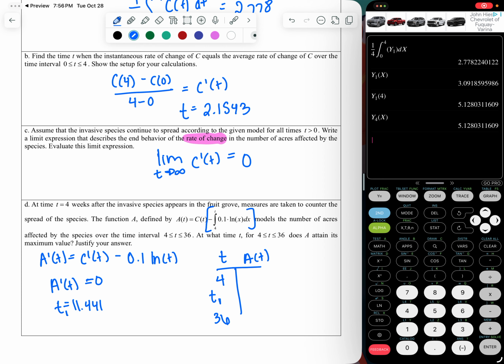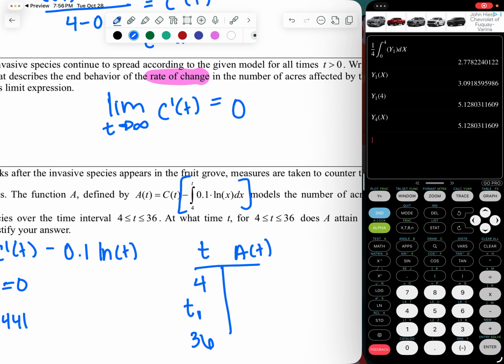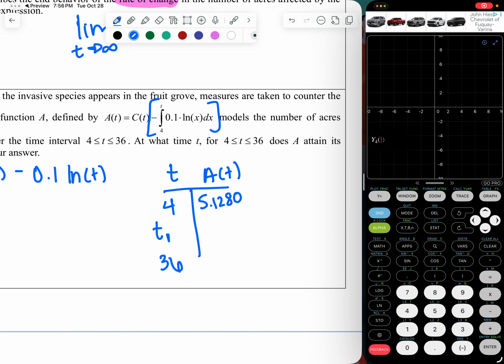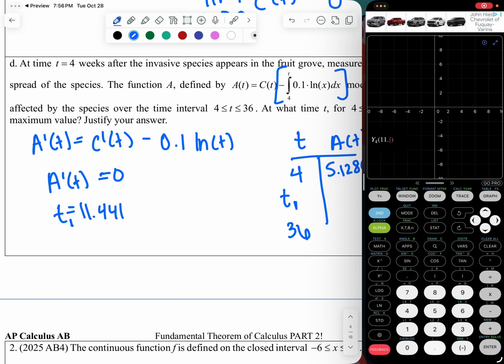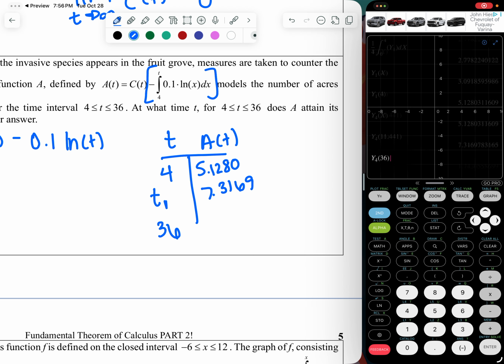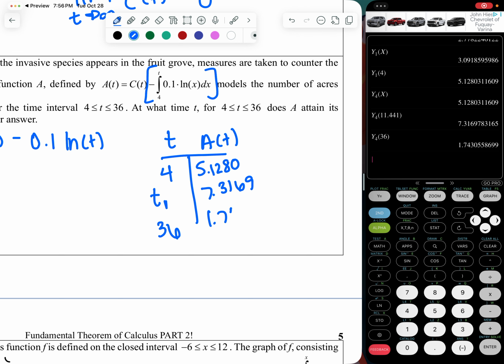Okay, so Y4 of 4 gives us 5.1280. Alpha trace Y4 of T1, in this case T1 is 11.441, which gives us 7.3169, and then Y4 of 36 gives us 1.7430.